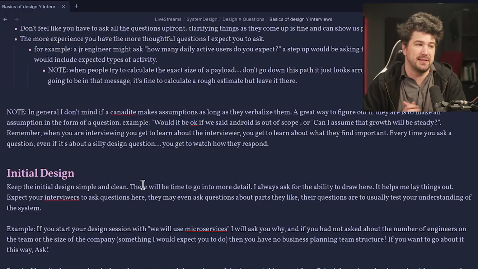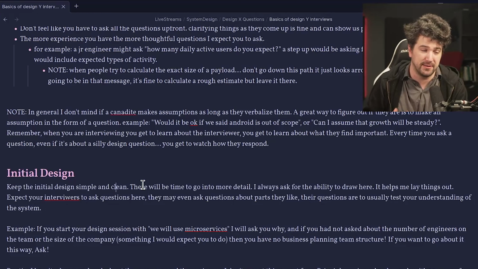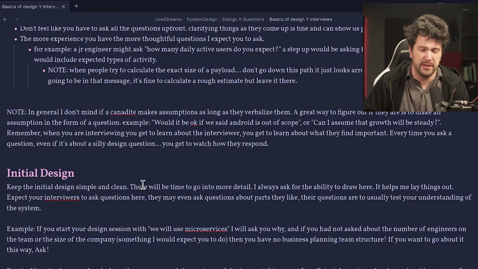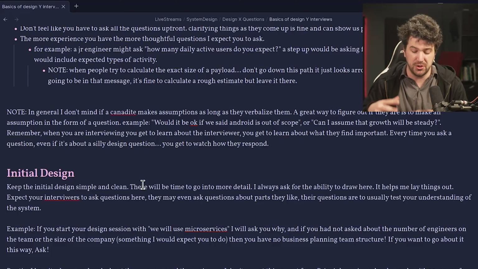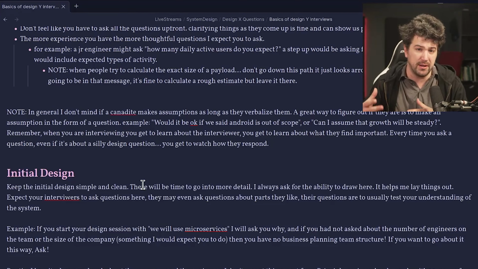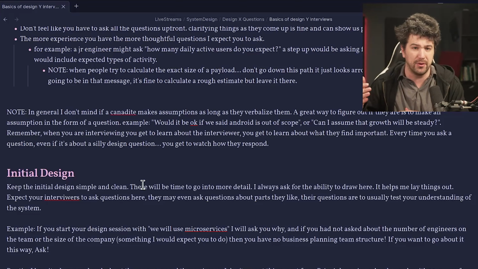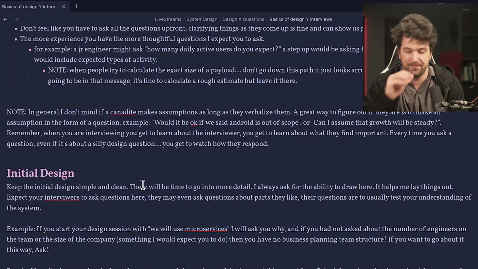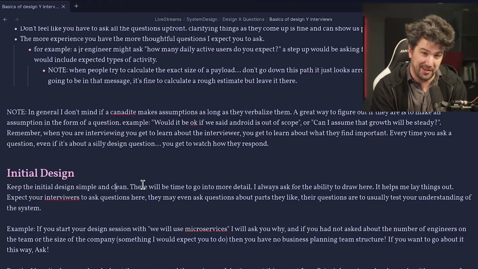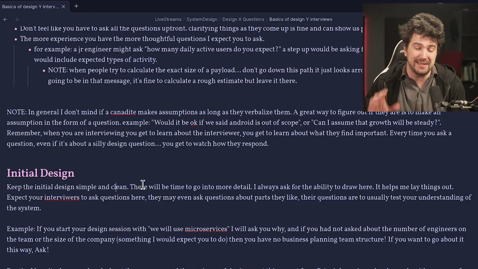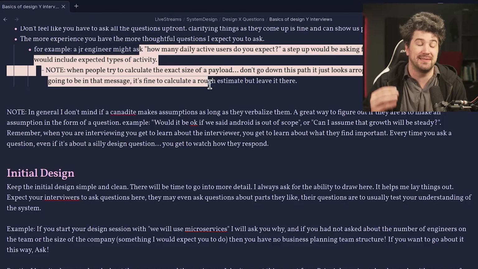Now, I'm going to say, keep your initial design simple and clean. There's going to be time to go into more detail, but the thing that you want to do with your initial design is to prove very easily at a high level that you understand the requirements. That sentence came out really poorly. I'm sorry. What you want to do really simply is prove that you can design a system to fit the requirements that you asked.